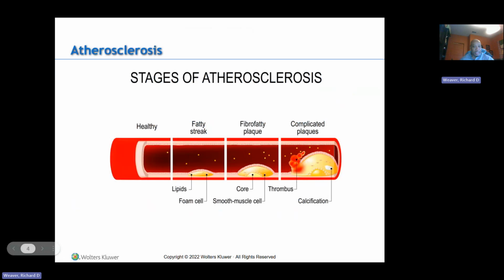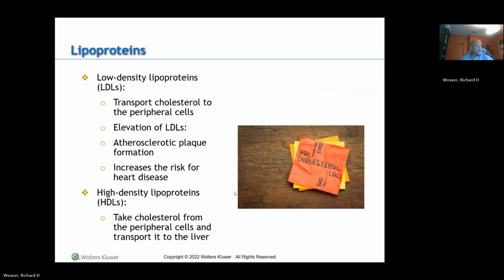So I just wanted to explain that particular process. Now, your book talks about low density lipoproteins, or the LDLs. These are the bad lipids. Your low density lipoproteins transport cholesterol to the peripheral cells.